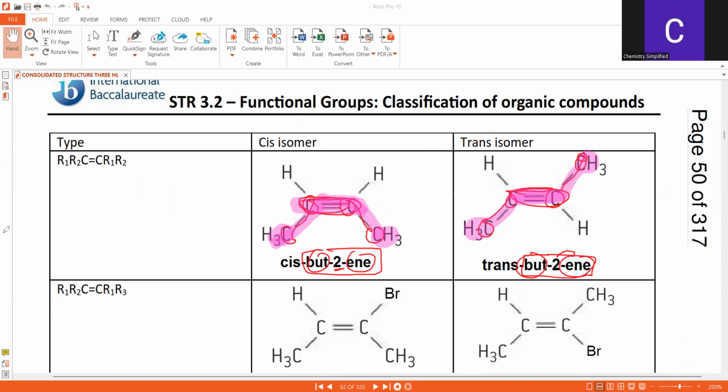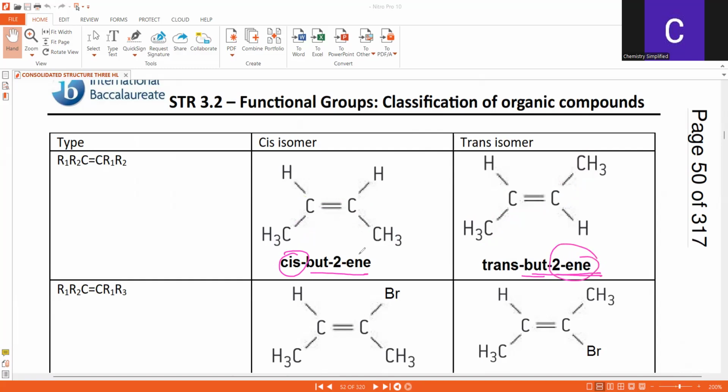So when the common atom or group of atoms is on the same side of the double bond, we call it the cis isomer. The name remains but-2-ene for both, because structure-wise and position-wise it's not different. Both have four carbons, both have a double bond on carbon number 2, so this name is common to both isomers.